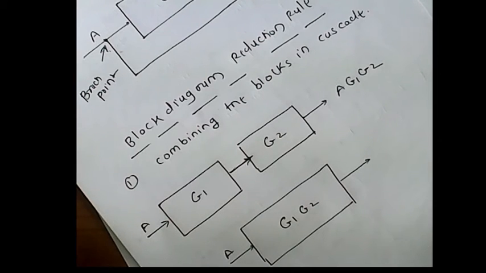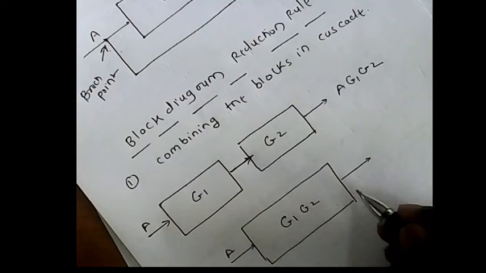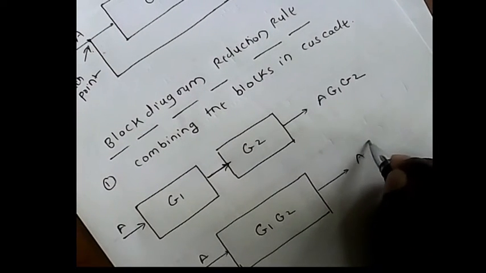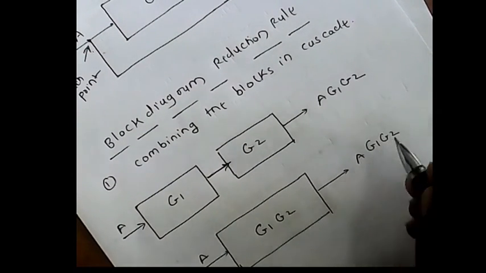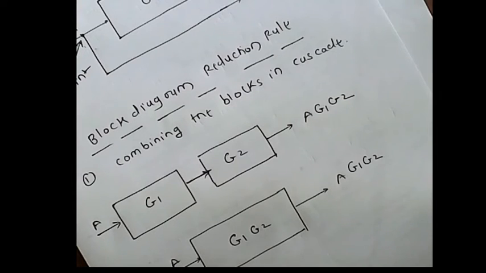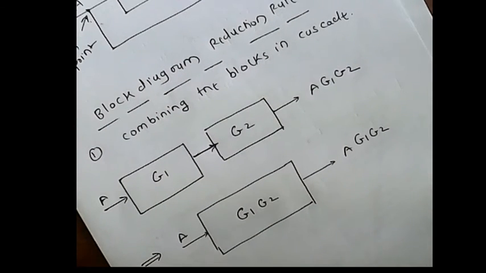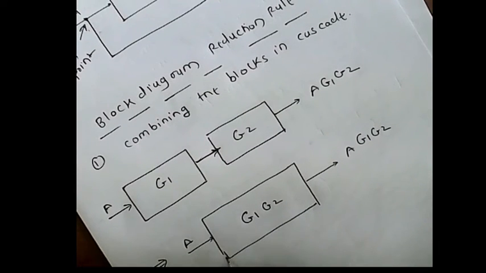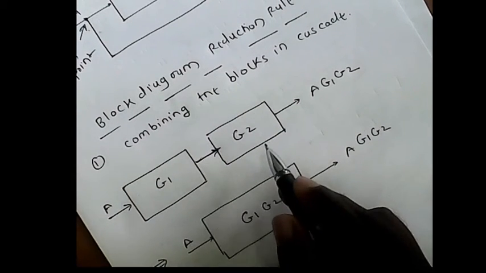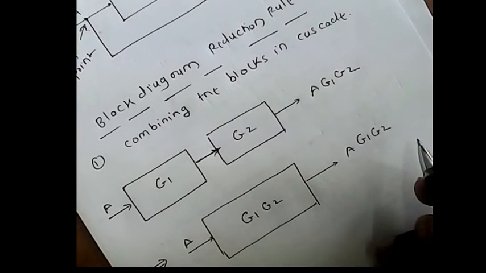When in cascade, we can take two blocks as a single block, G1 into G2, and the output will be as it was previously. Remember, whenever you apply the block diagram reduction rules, the input and output must be the same after reduction. So when we combine these two blocks in cascade having G1 and G2, the output will be the same. So we can represent it in a simple way.